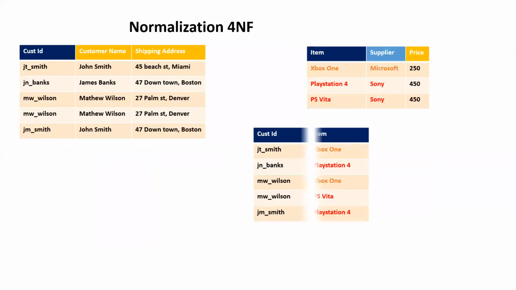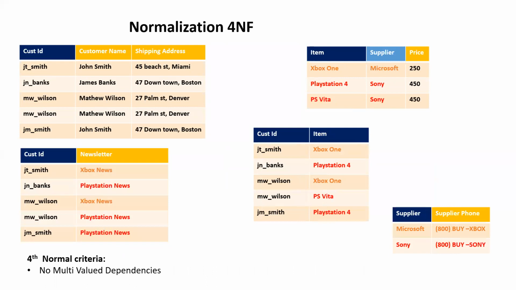Now, if Wilson says that I don't want the PlayStation newsletter, then what will I do? I will just go ahead and delete this record, right? No updation required anywhere. I deleted this record. Now this Wilson guy will get only Xbox news. He will not get PlayStation news.